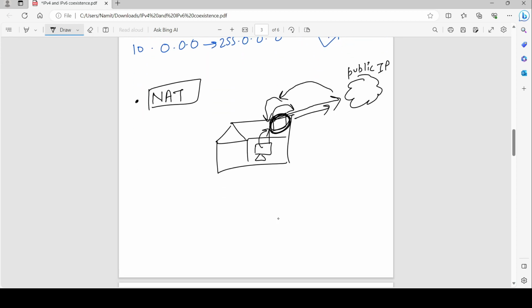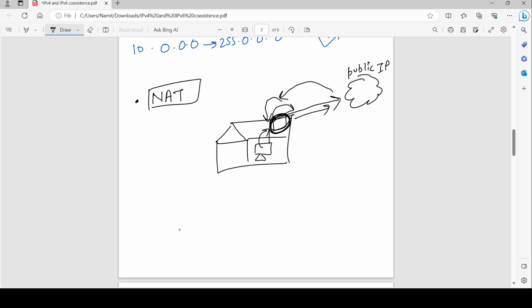So with the help of NAT, a private addressed host can send traffic across the internet. The router helps you resolve this because it maintains the routing table, right? So the router is the device that is going to take care of this.